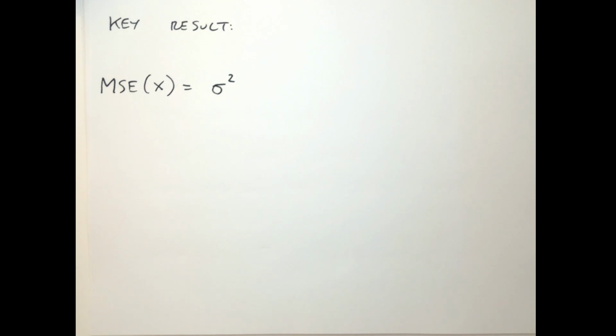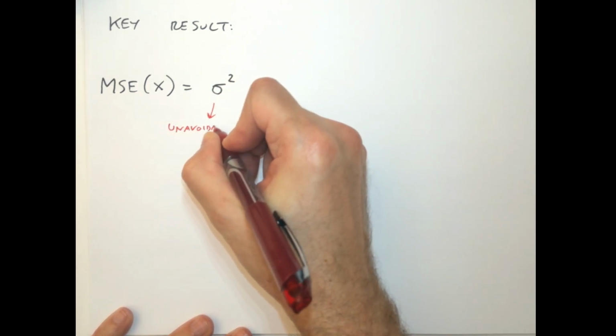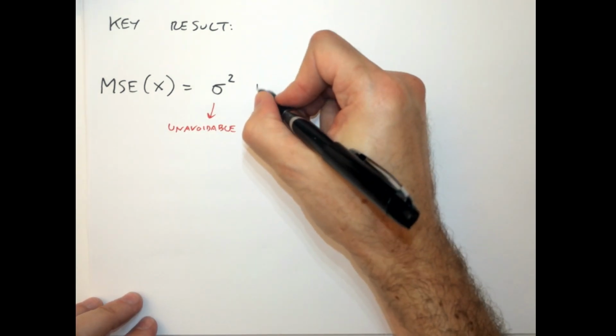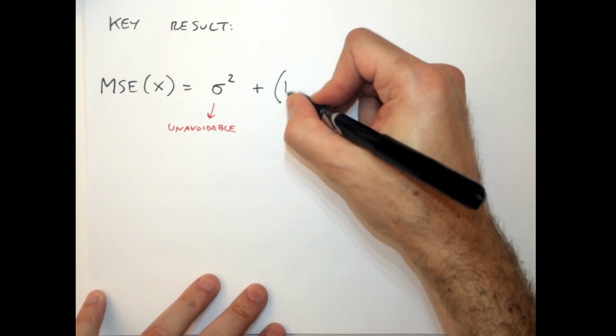Remember, sigma squared is the error that was in the observations in the first place, right? So it stands to reason that I can never do any better than sigma squared because there's always noise in my data, and that noise is how much is added according to my setup, right? So this part here is just unavoidable because of the way that the data is constructed. Then I'm going to have one term that looks like this.